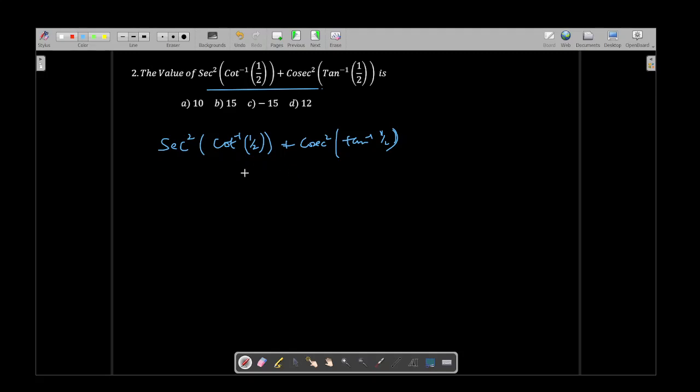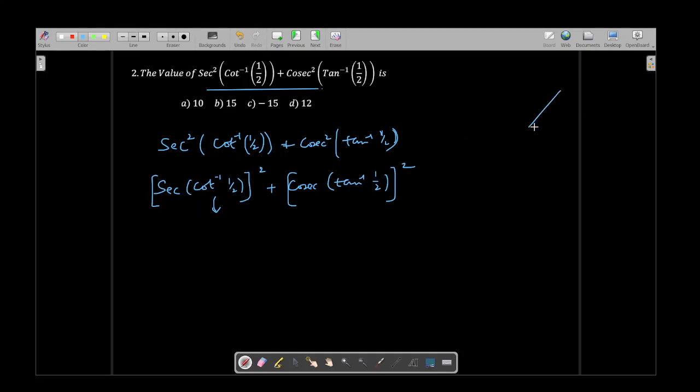What I do is I take this as secant of cot inverse half whole square plus cosecant of tan inverse of half whole square. Now I convert this cot inverse to secant inverse, so that I can cancel secant and secant inverse.